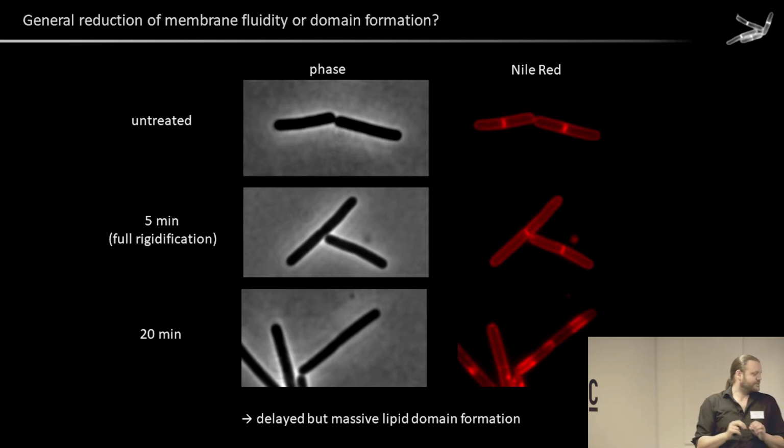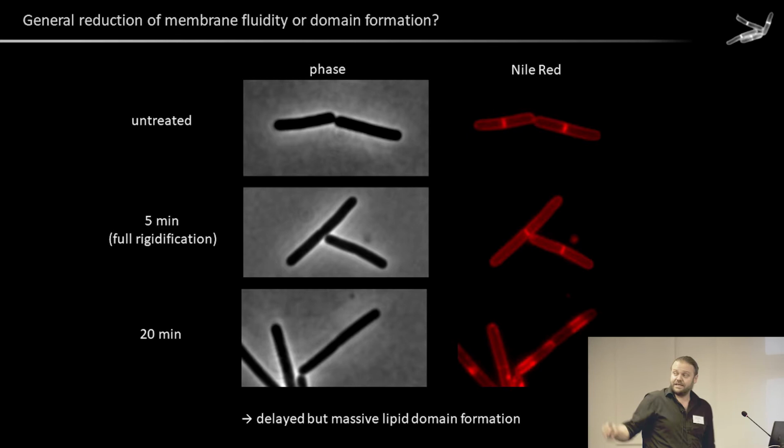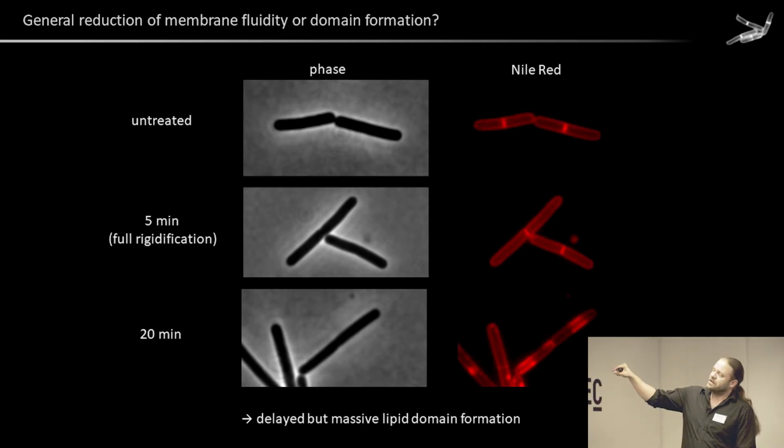We treat the cells for five minutes with this peptide, where we get the full plateau in the rigidification. If you look here, after 5 minutes we are somewhere here, so we have the full rigidification. The staining does go down a bit, so this is adjusted for it, but we can't see any domains being formed, which inclines us to think that this rigidification is a quite uniform effect on the membrane.